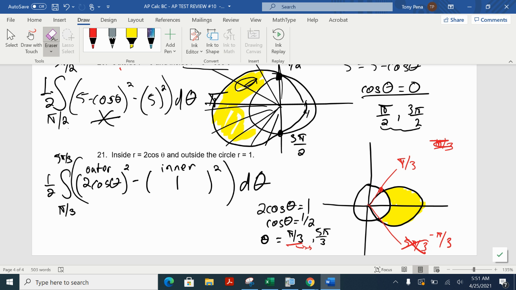So if I make this negative pi over 3 to a positive pi over 3, if I start at negative pi over 3, notice how the 0 fits in there nicely. Now we're working through all the angles that would give us that area in between, the yellow area that we have shaded. All right. So that's something to be careful for with these, is just make sure we're going in the correct domain, in the direction that those polar curves would be getting drawn.